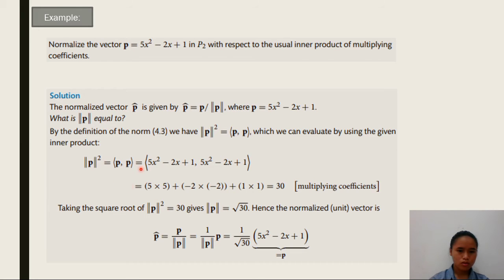We substitute into the formula and we get this.